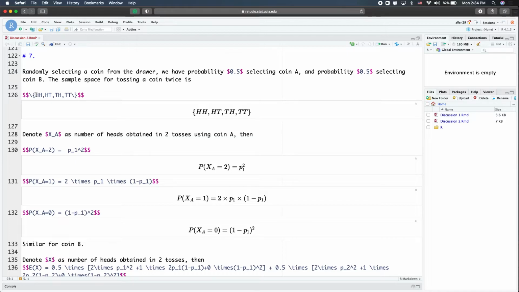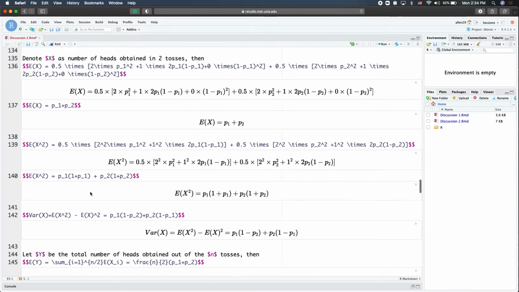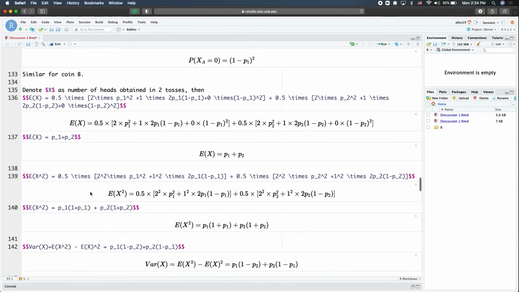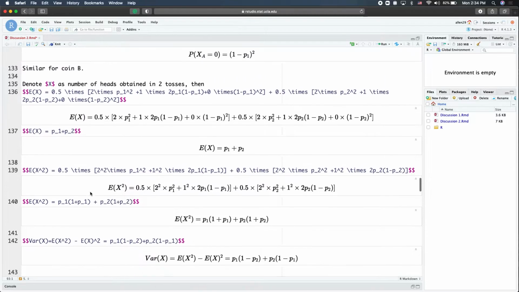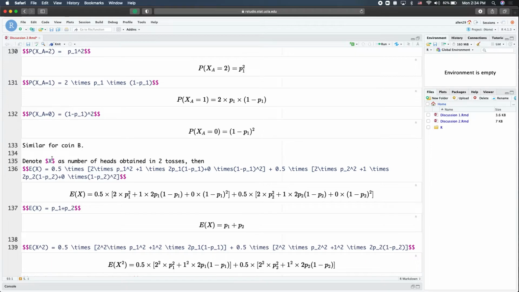So this is randomly selecting a coin one time and tossing twice. I think we are interested in doing that n over 2 times. So for now, we denote X, without the subscript, as the number of heads obtained in 2 tosses.